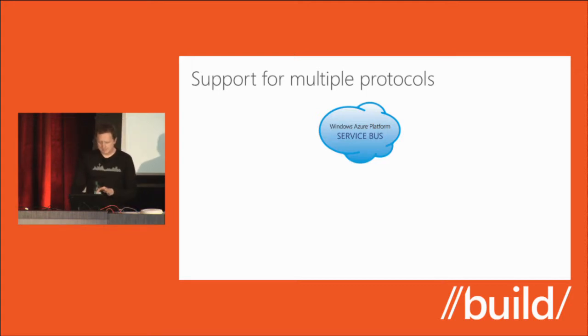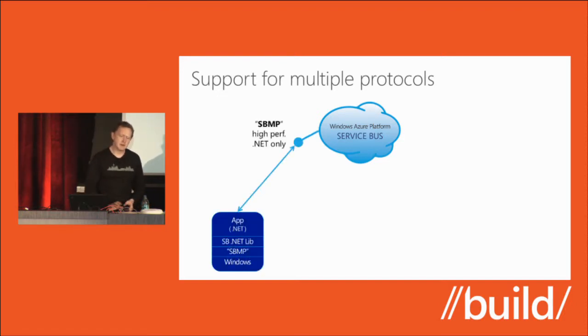So if you think about Service Bus, it's a multi-protocol messaging system. So today we have, I've called it here SBMP as a name for our internal protocol. So our .NET client library today, this is what it uses to talk to the service. So under the covers, it's a SOAP-based protocol, fairly efficient, but it's a .NET only protocol.